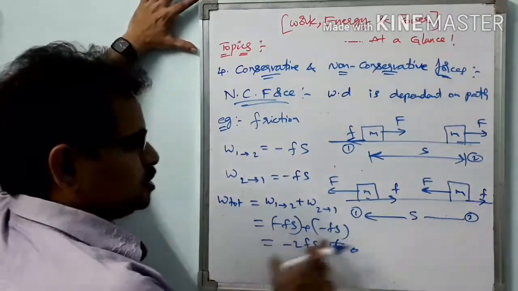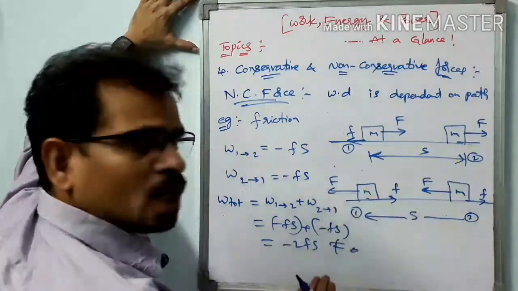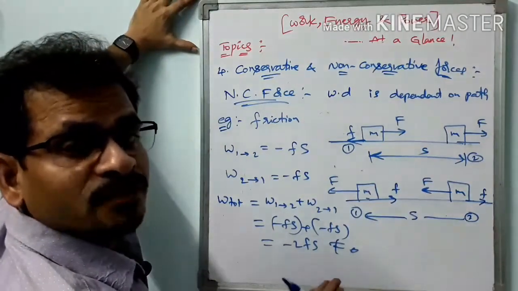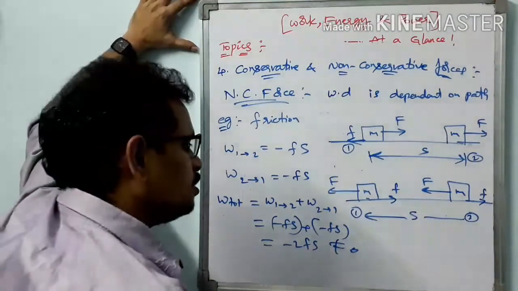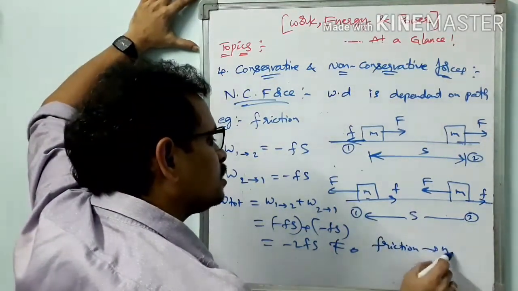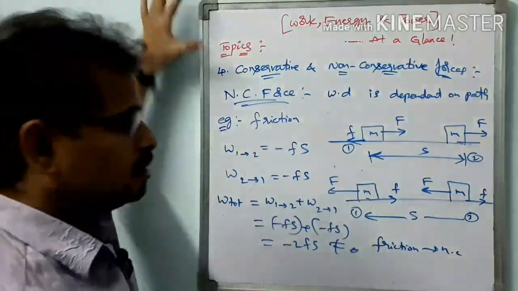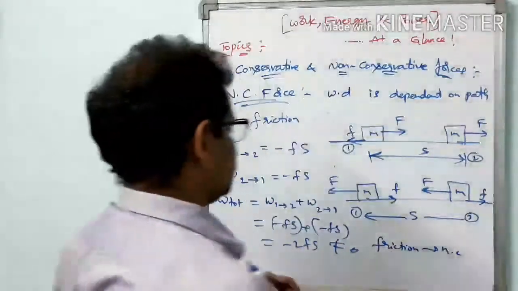So is the work done by frictional force around a round trip 0 or not? It is not 0. For a conservative force, it will be 0. So friction is a non-conservative force. Let me give some examples regarding conservative forces and non-conservative forces here.